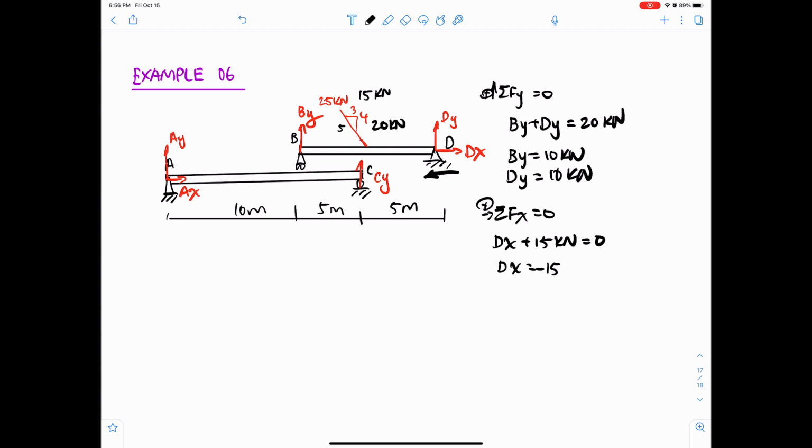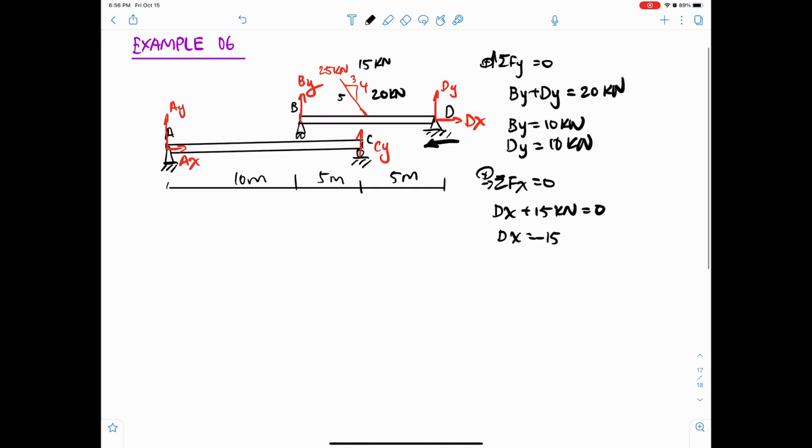Once you have that, the trickiest part of this problem is this portion over here. You might initially think, what do I do with this? Well, it's actually very simple. Since your By is resisting 10 kilonewtons up here, that means this force has got to be transferred into the ground.